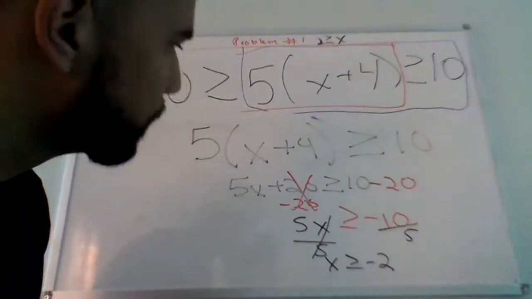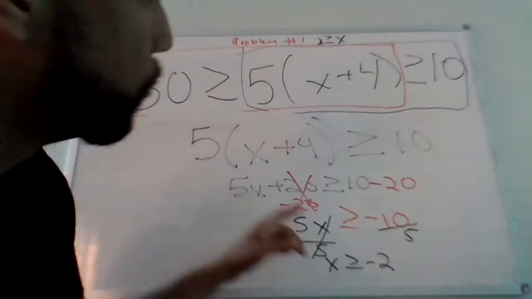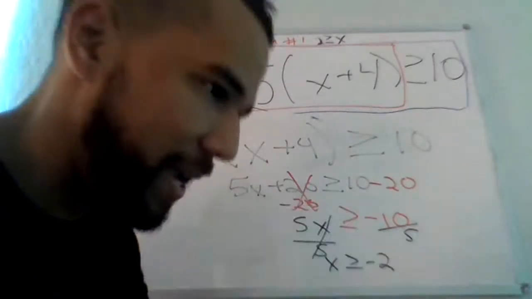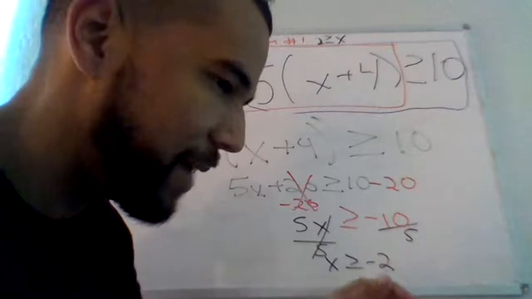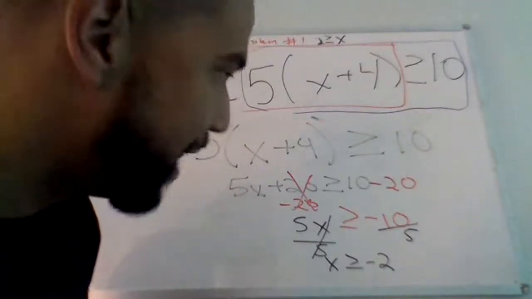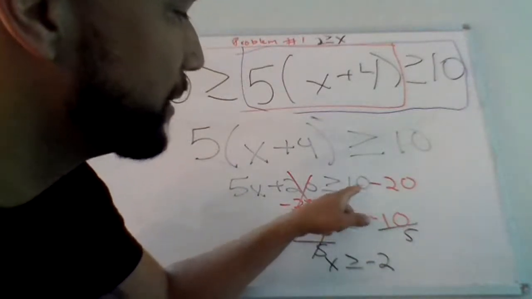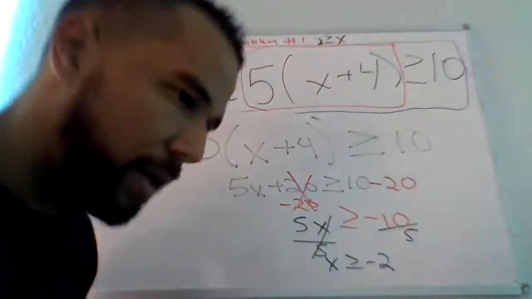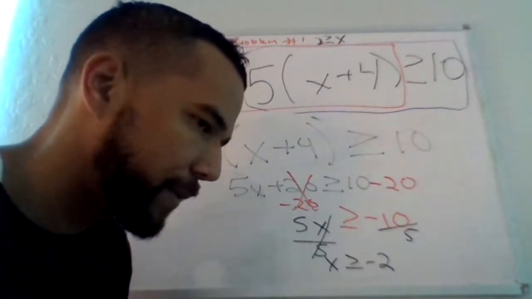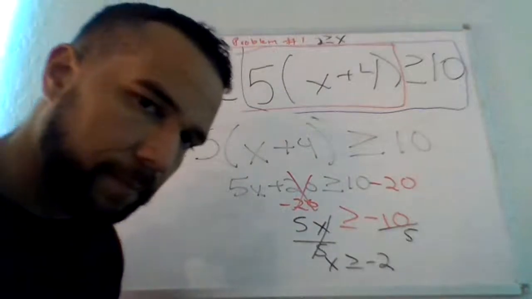So for this one, the answer has to be negative. Correct. But we were not dividing by a negative number or multiplying by a negative number. Does that make sense? We just happened to get a negative number because we subtracted 10 by 20. So we get negative 10.